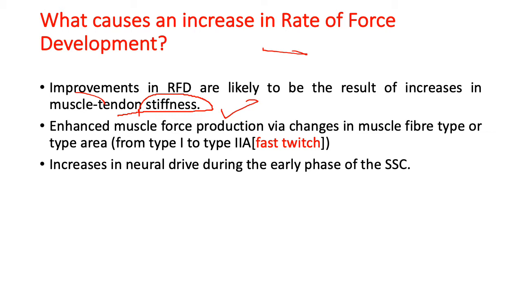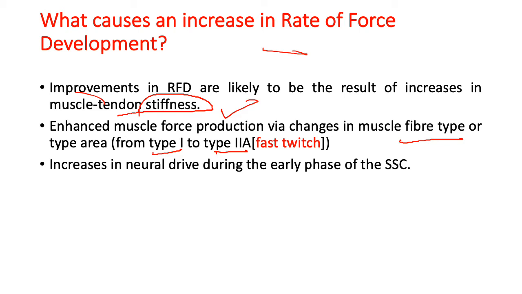In trained athletes, the training is ballistic or resistance, which enhances muscle force production via changes in muscle fiber type. Muscle fiber type we will discuss in more detail in the muscle chapter. Basically, we have different types of muscle fibers; here I have shown you type 1 and type 2A. Type 1 is a slow twitch fiber and type 2A is a fast twitch fiber.